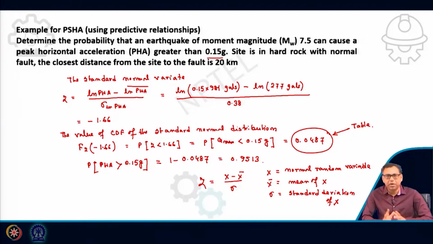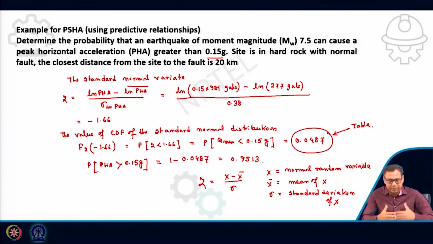So I have solved two problems. One is just to show you the difference between deterministic seismic hazard analysis and probabilistic seismic hazard analysis. For a particular site you first have to select the earthquakes, and then you can use these attenuation relationships to get your controlling earthquake in the case of deterministic seismic hazard analysis.